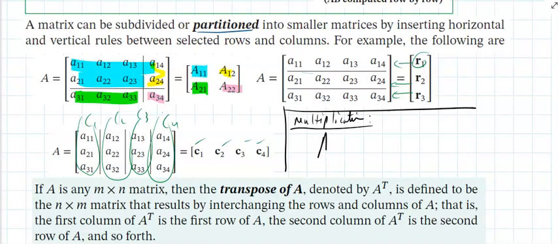If you want to take a matrix A, m by n, and matrix B is an n by l, if you want to multiply them, the inners must match.